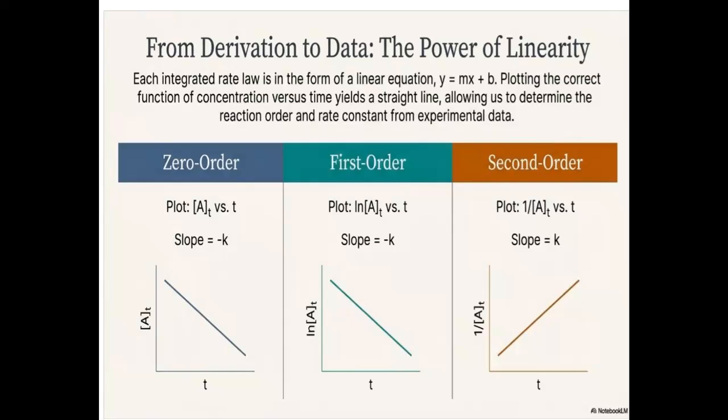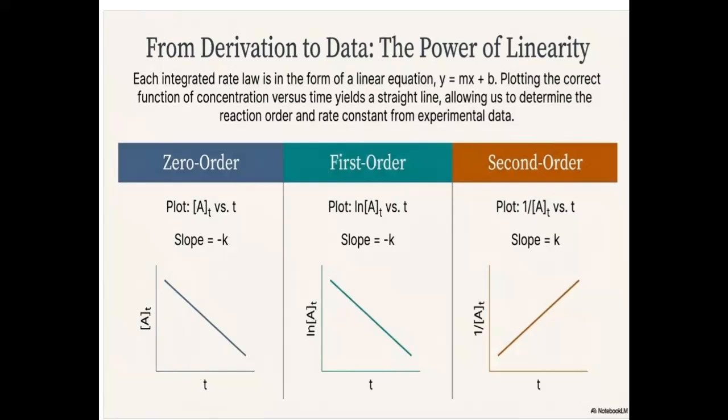But for problem number 4 in the spot check, you have to plot the data, determine the order from there, and then calculate the value of K. So how will you calculate the value of K from a graph?